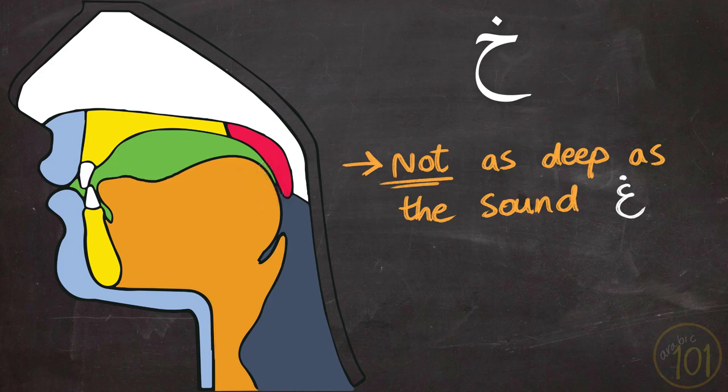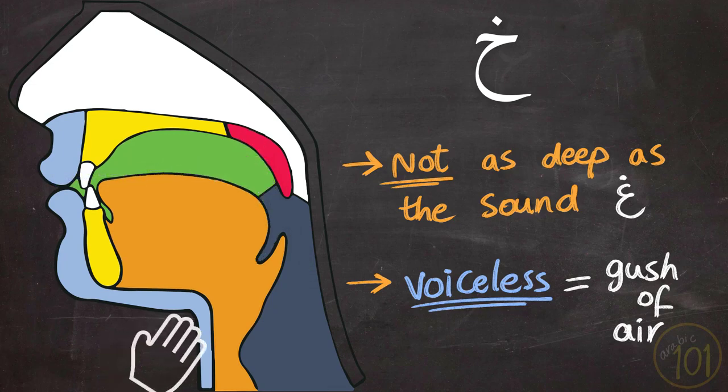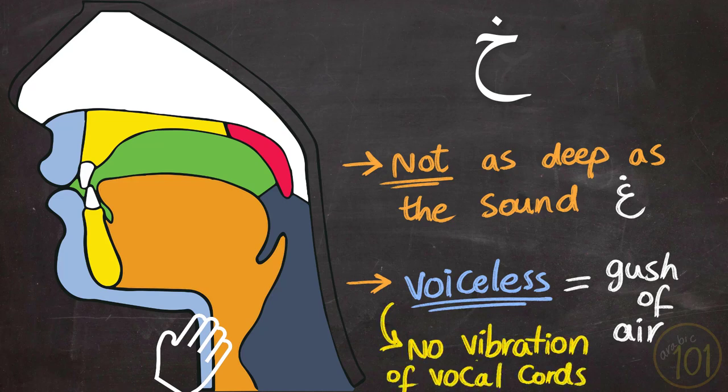The second difference is that the Kha sound is a voiceless sound, which means that it is produced by pushing a gush of air through the opening created between the root of the tongue and the soft palate. To understand what I mean, try touching your throat when pronouncing the Kha sound. You should feel no vibration whatsoever, since you should not be using your vocal cords.